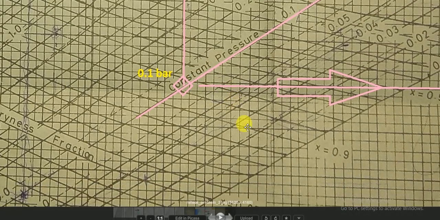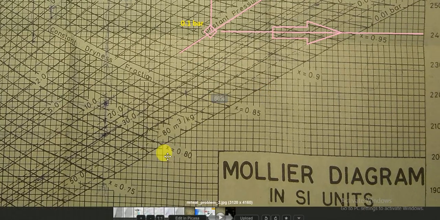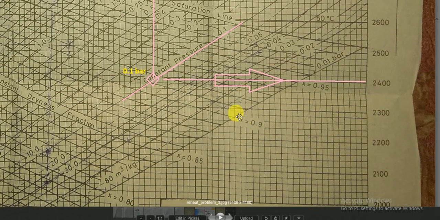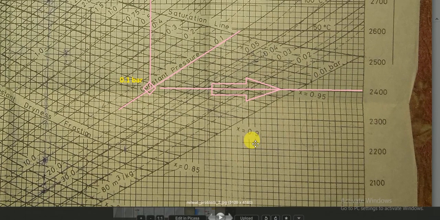Another thing he has asked in the problem is the value of the dryness fraction. What is the dryness fraction here? You move along this inclined line. This is the dryness fraction line. The dryness fraction is the value of X, or moisture content. This is 0.9 dry, this is 0.85 dry.